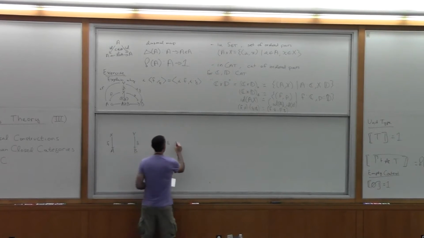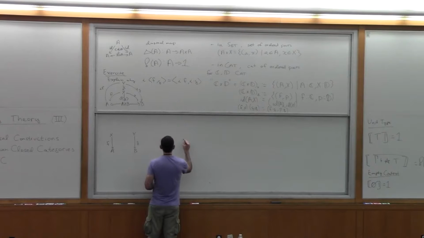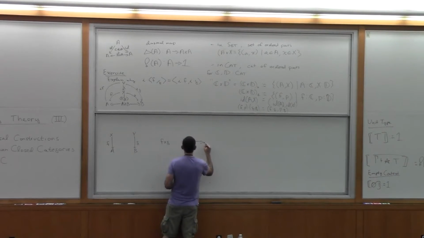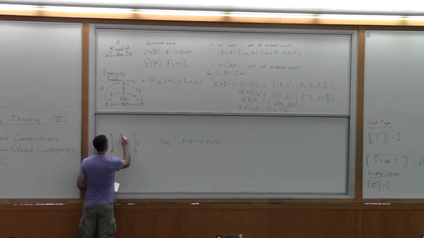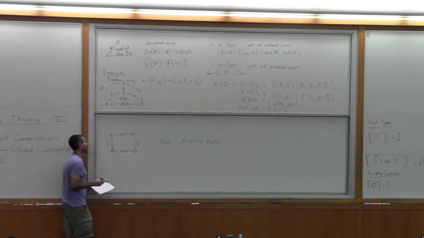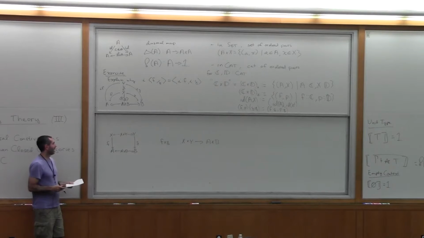Okay, a good possibility is that the domain should be X cross Y, and the codomain should be A cross B, right? That seems like it makes sense. So let's put X cross Y and A cross B here, and we know we always have the product projections, which I won't label, but they're always there, right?